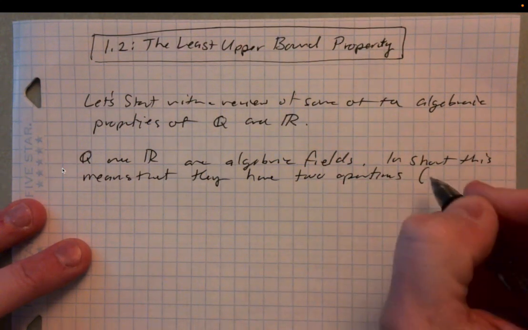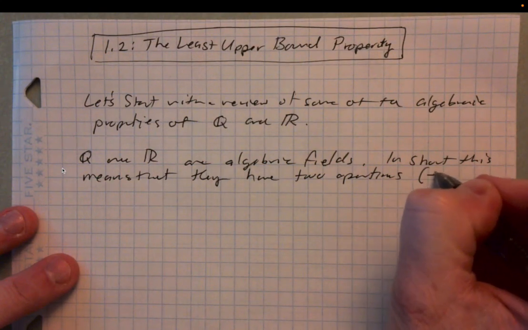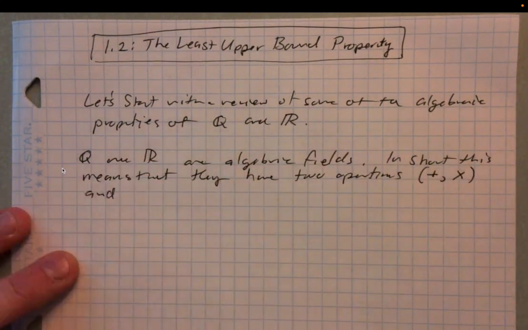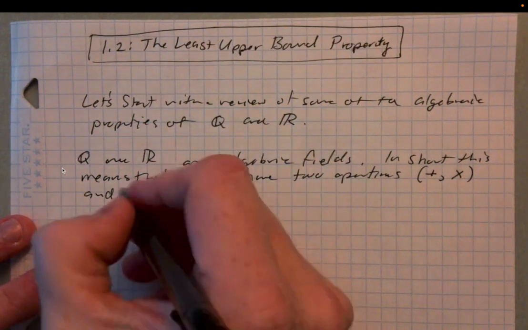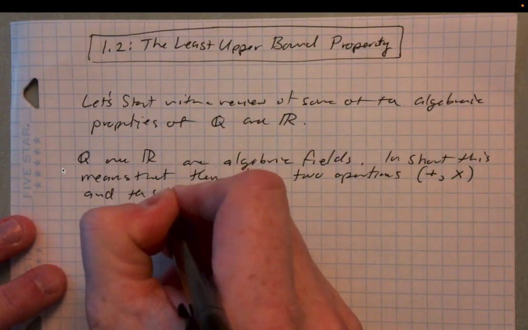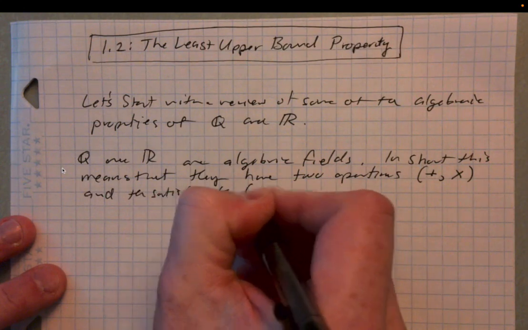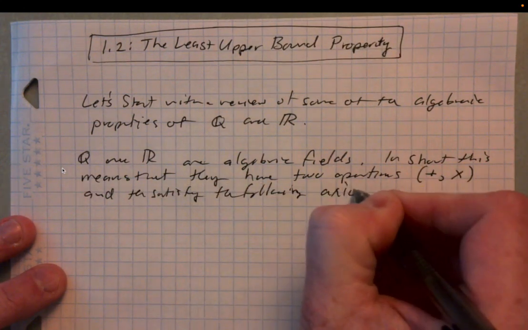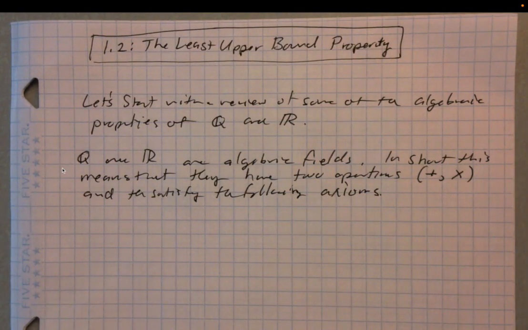And the operations are nothing cryptic: it's addition and multiplication. And they satisfy the following axioms of fields, right? So what are those axioms?